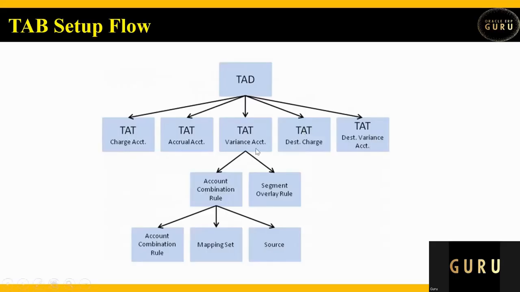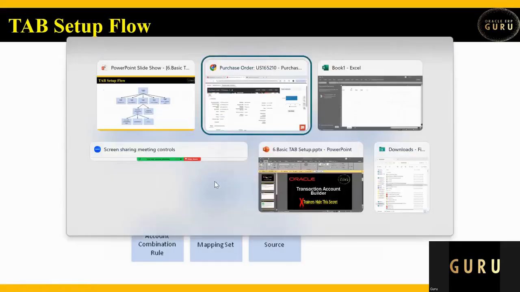But these are the three we generally derive. And below we have the account combination and segment overlay rule. Under the account combination rule, we have different value sets: source, mapping set, account combination, and one more, constant. I'll show you all these things in the setups so you can understand better.